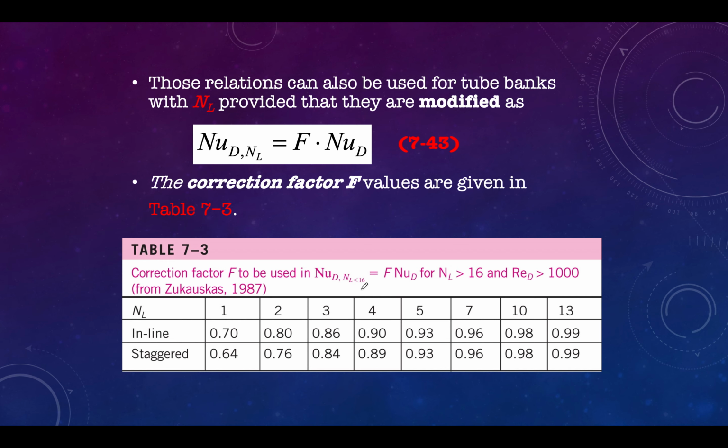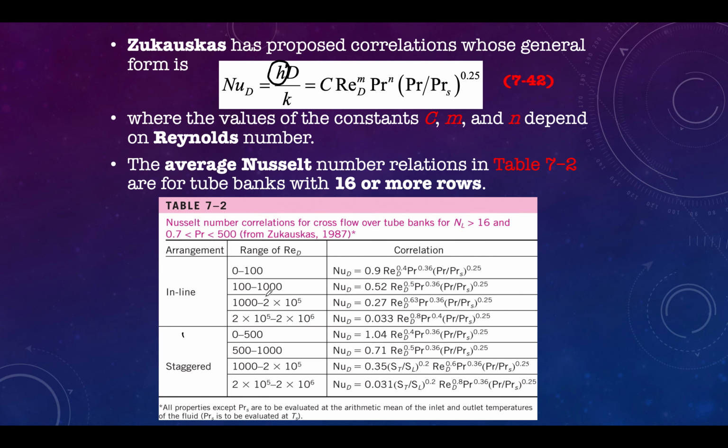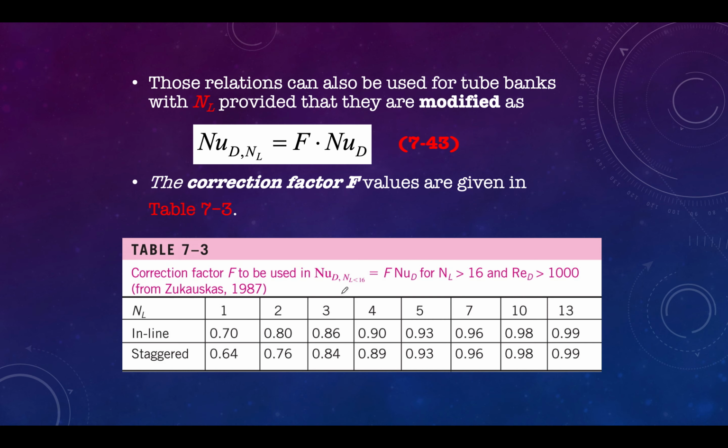Then you have to find the correction factor. Let's say your number of rows is 7, then you have to correct the value by multiplying the Nusselt number from table 7.2 with 0.96. Okay, you calculate this Nusselt number, and then you correct that value by multiplying with 0.96.